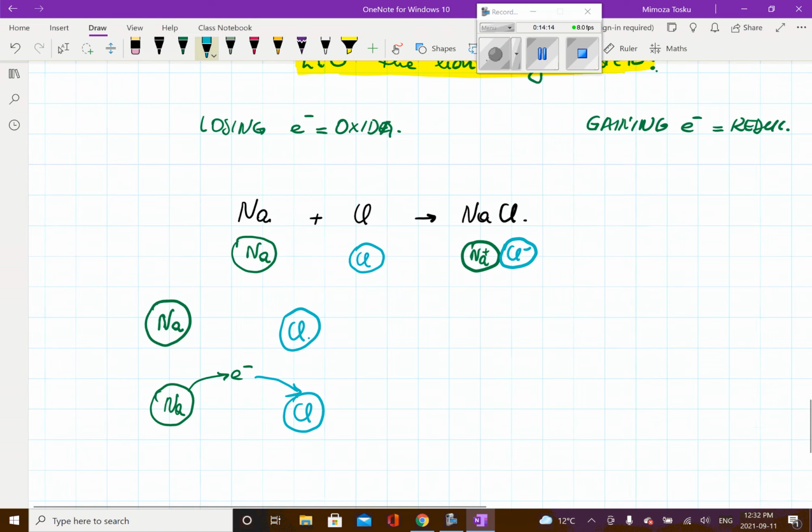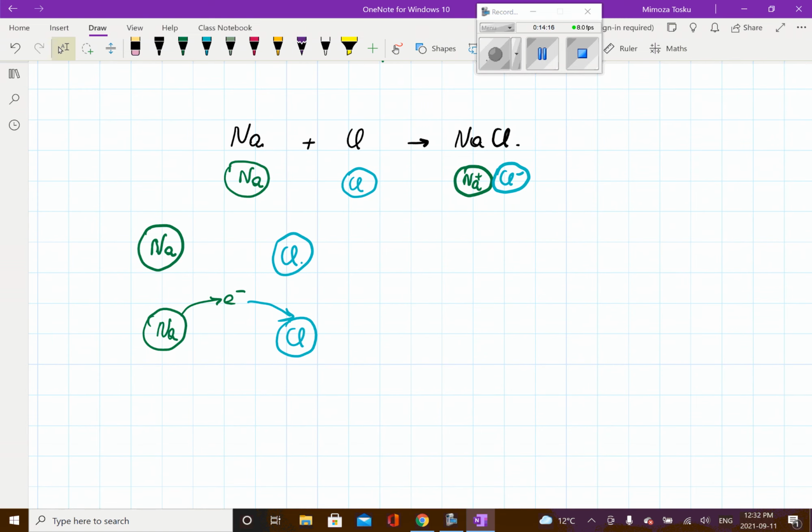In this case, the sodium atom is becoming a sodium ion, and the chlorine atom is becoming a chloride, which is an ion of chlorine, negatively charged.